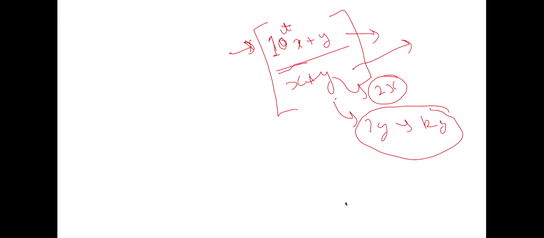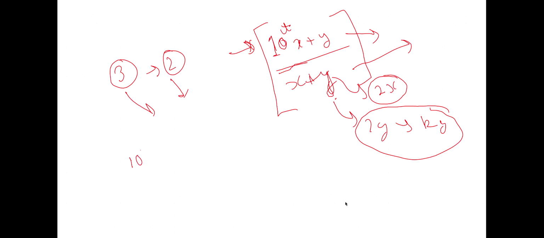So we have to think of some y which is related to x. Now, why only 2x? Because I know the divisibility rule of 3, and I also know the divisibility rule of 2. I will show you how this is related. Divisibility rules are related.